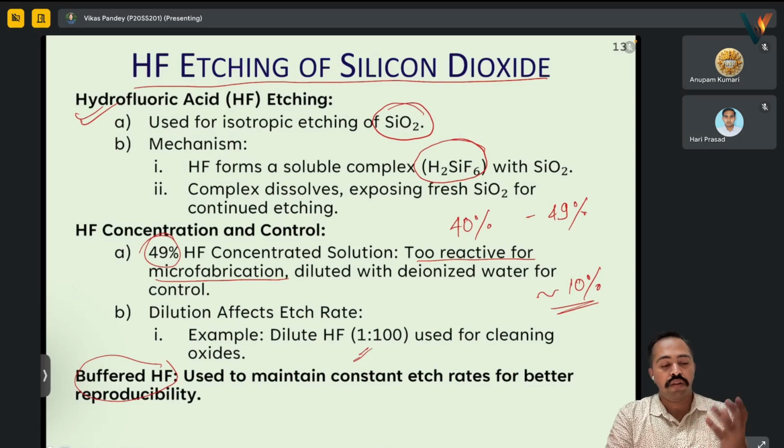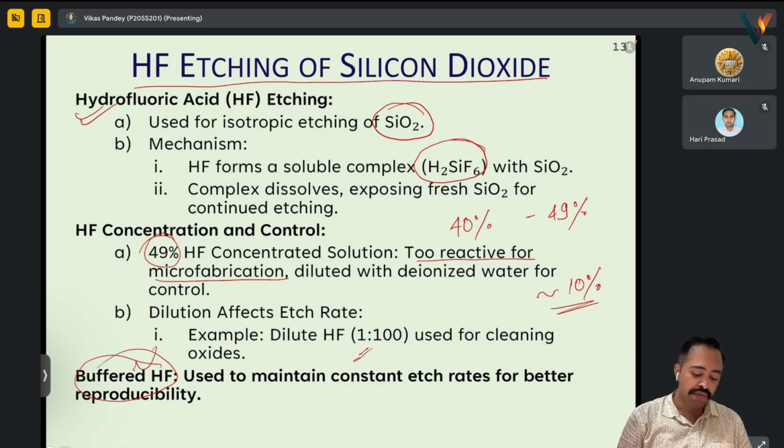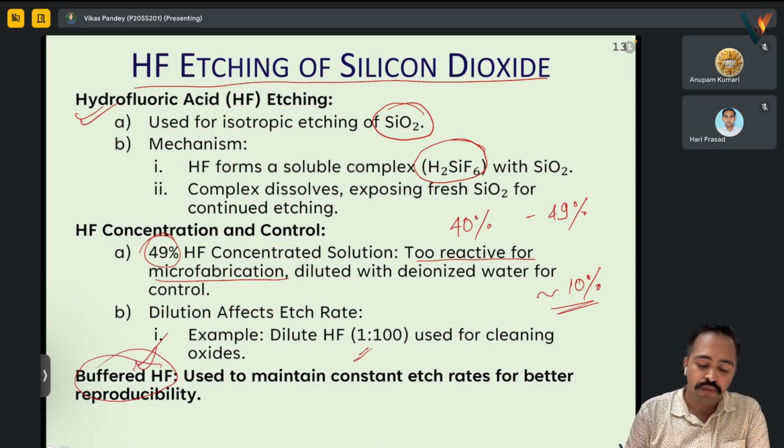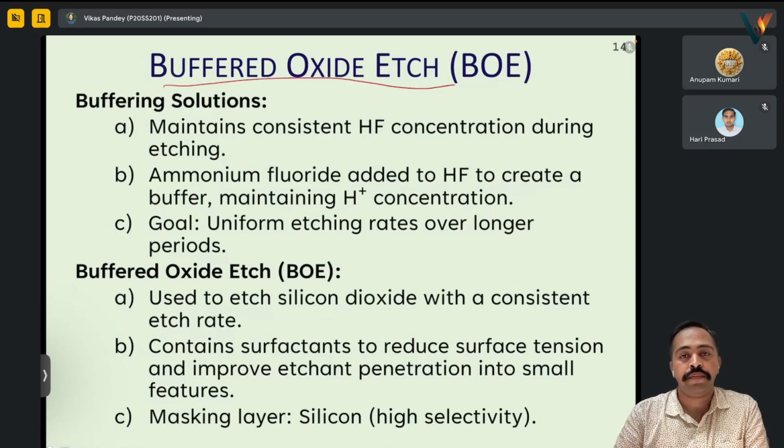It is not always possible to inspect with eyes, and you might be exposed to fumes. So we need to maintain that constant rate, and that is achieved using buffered HF. This is generally known as buffered oxide etch.